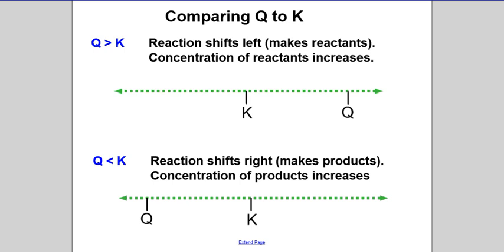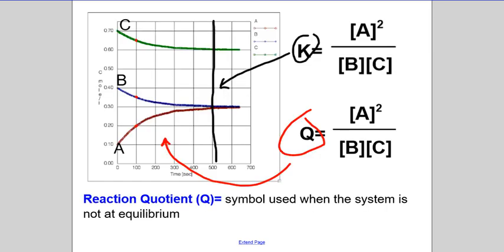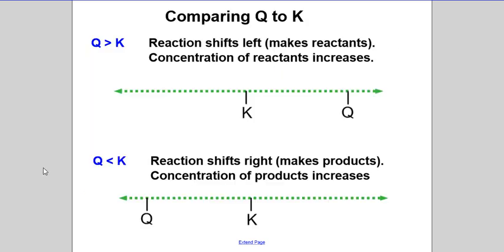Where is it going? If I were to plug these values into Q here, I will get some value for Q. If I know what the value of K is, then I know how this system is trying to get from here to here. So that's what comparing Q to K is.